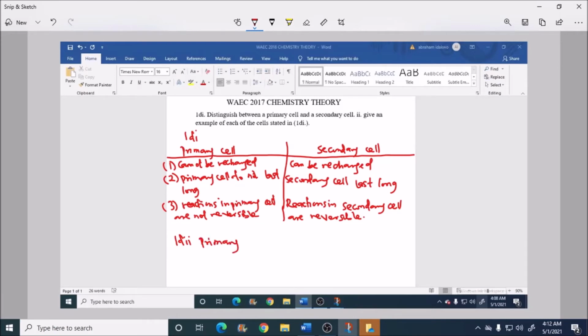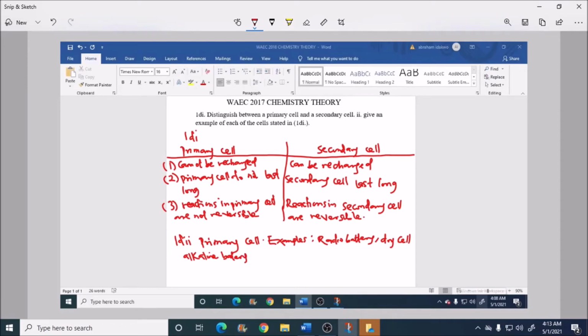Examples of primary cell: we have radio battery, it's one of the examples of primary cell. We have dry cell, and alkaline battery.